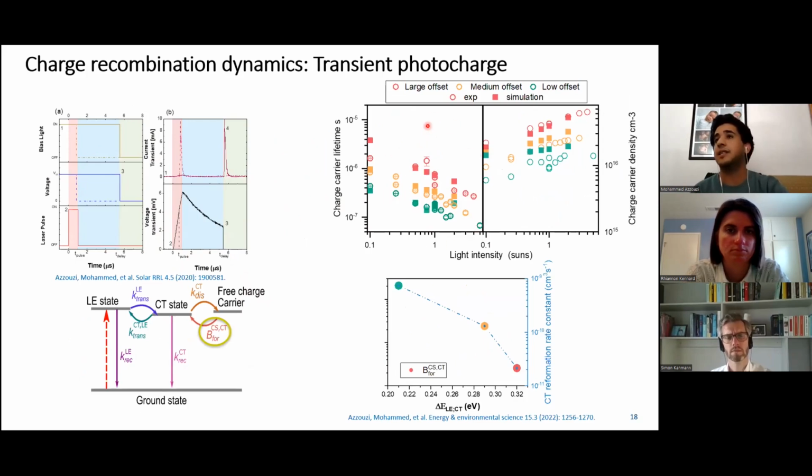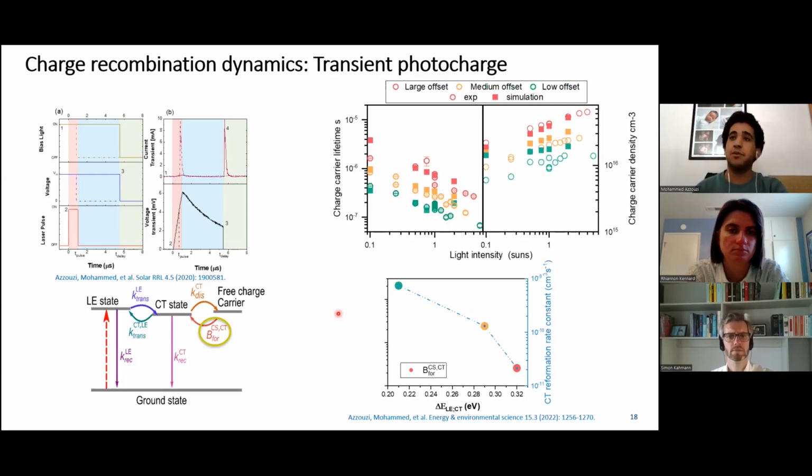And you can see here that the simulation and the experiments agree quite well. The observation from the experiment was that the high offset system has a longer lifetime as compared to the low offset systems, and that translated into a reformation rate that is significantly higher for the low offset system as compared to the high offset system.